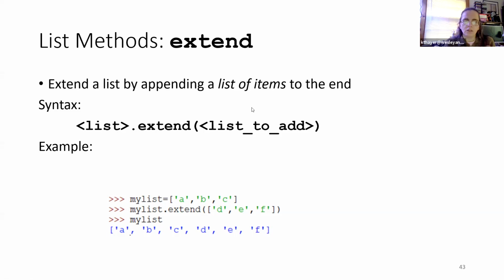We have list dot name of the method, so list.extend, and then the thing we're going to pass to it, which in this case has a type of list, which really should have the same type as what you already have in the first list. Python won't enforce that, but you yourself should, because you really don't want to have mixed type lists. So here is an example of extending the list. We're going to put DEF onto a list ABC, and here is our list.